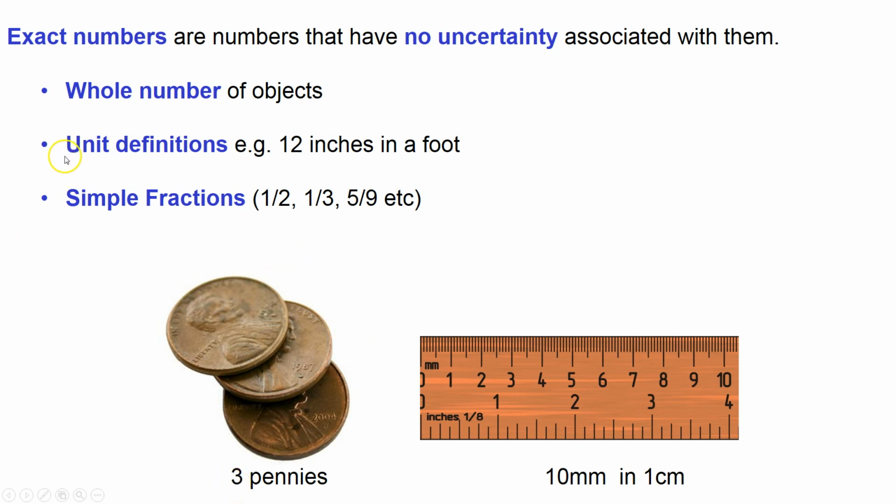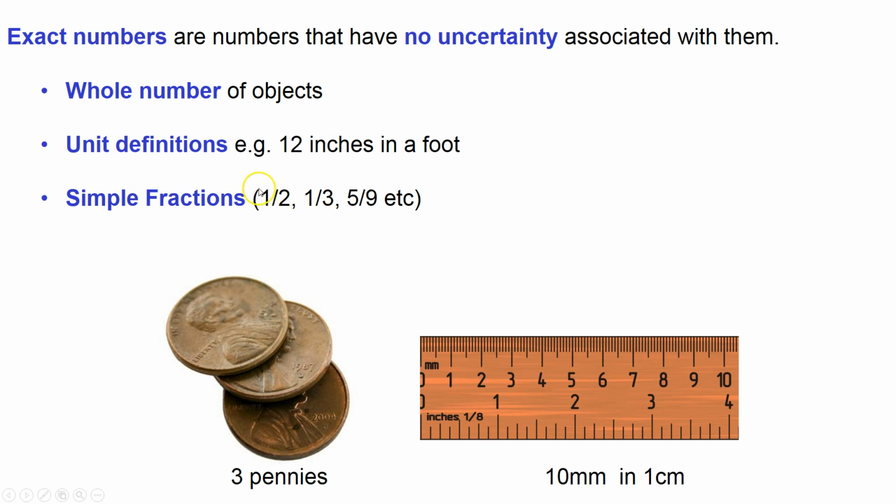The other very common exact numbers are unit definitions. These are exact because we defined them to be exact. So there is exactly 12 inches in a foot or 10 millimeters in 1 centimeter. A very rare example of where we might want a number to be known as being exact is when we use a simple fraction.